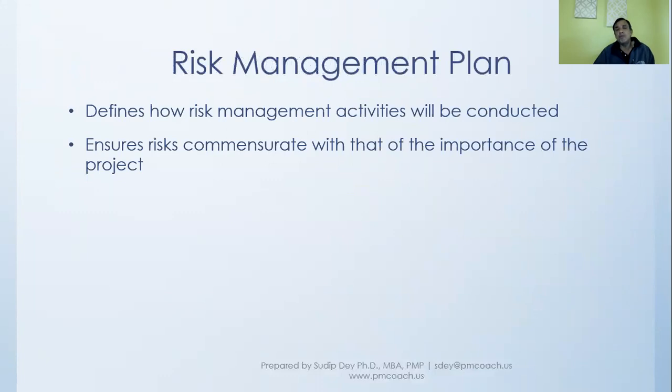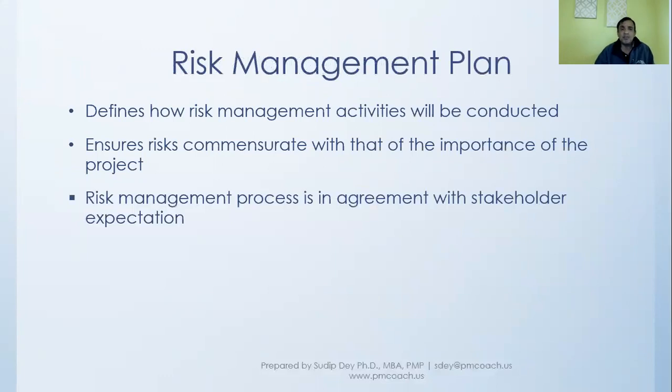Because if, for example, a project is not giving us a whole lot of benefit, it's a small project, but the risk is so high, then we have to really think, do we need to go with this project? So the risk needs to be commensurate with the importance of the project.